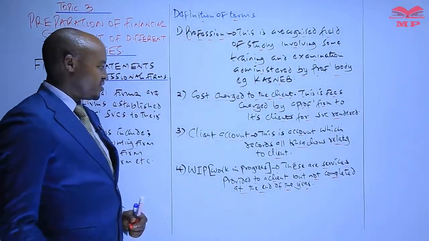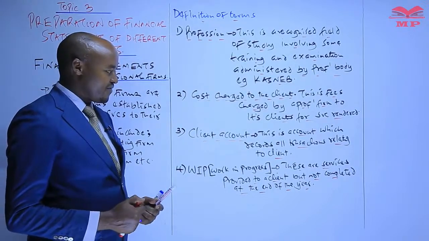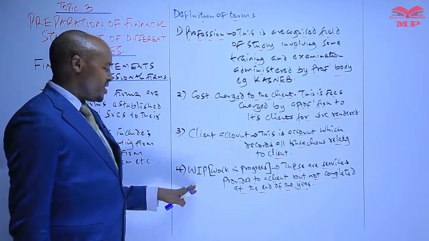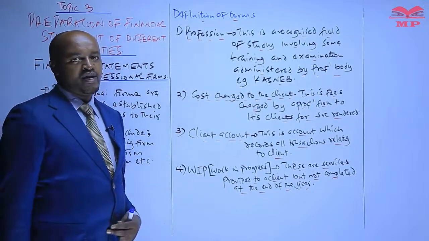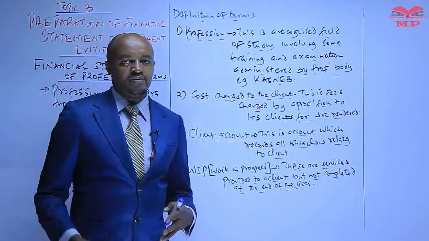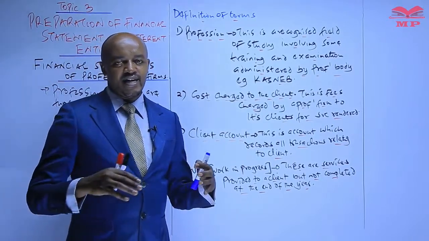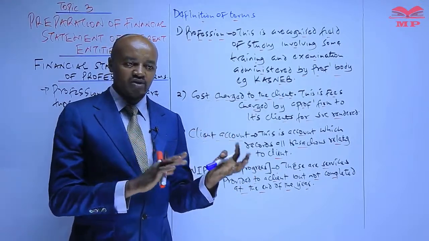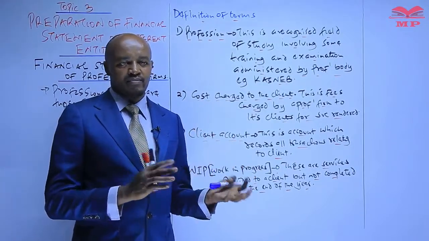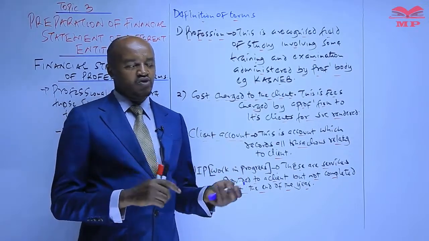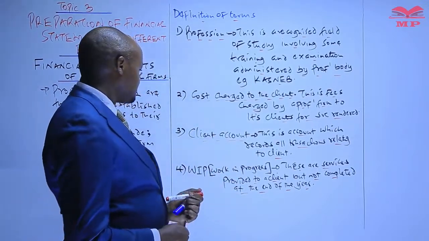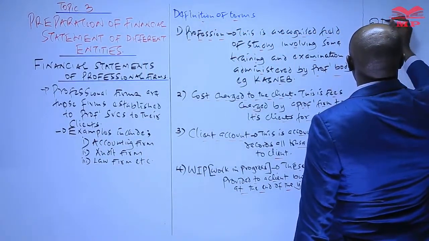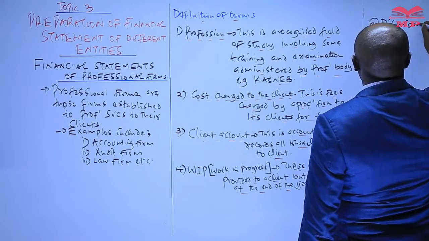And because this work has not been completed, the professional firm will not have invoiced the client for the client to be able to pay. Meaning that this work in progress, when a professional firm is preparing a statement of financial position, is treated as a current asset. These are services which have been provided, but because they are not fully completed, the client has not paid for them. It is basically like an accrued income, which should be treated as a current asset. So the other term we need to define here is disbursement.